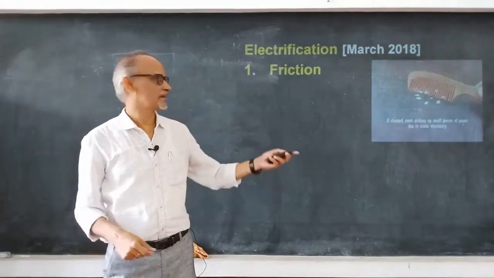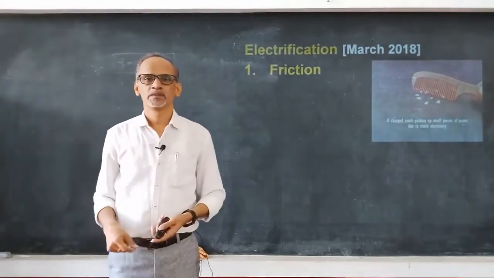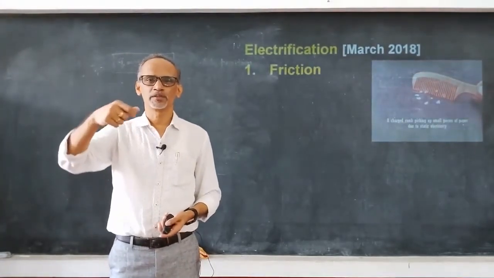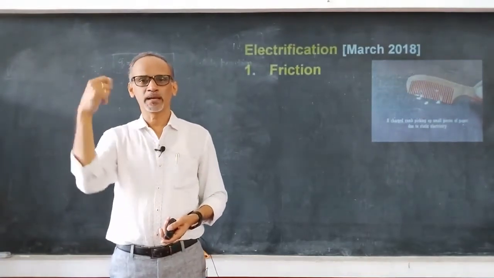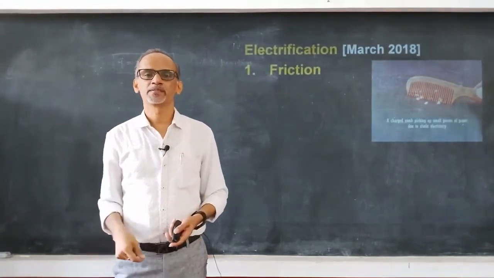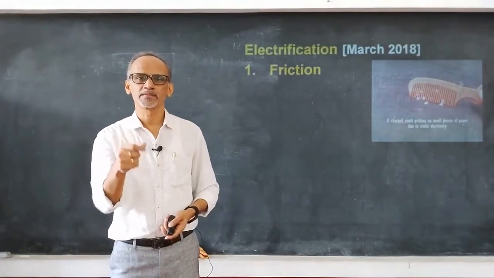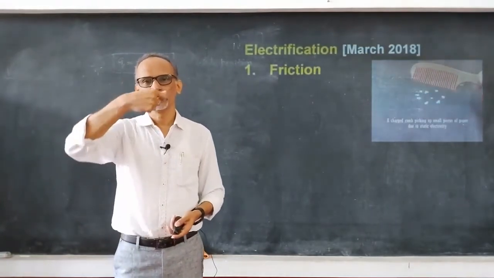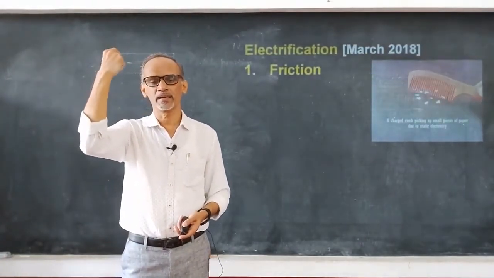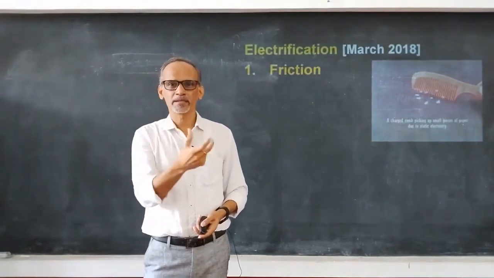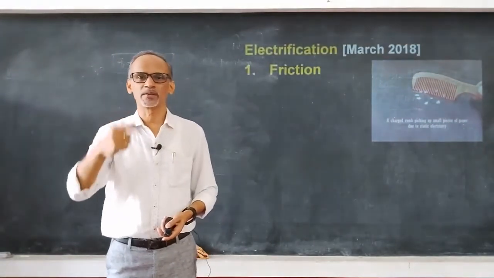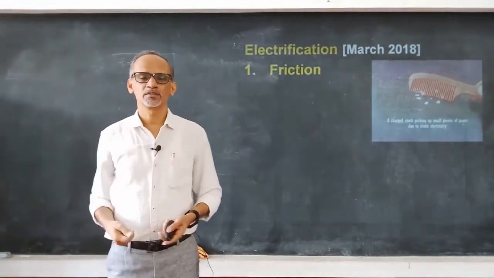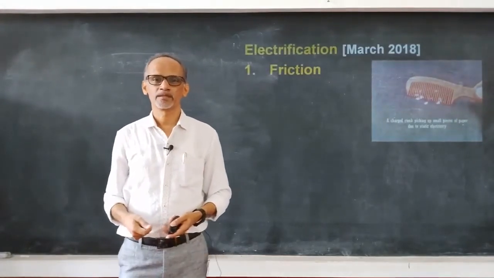You can see here a comb which is already combed, and when placed near a piece of paper, you will find that the pieces of paper get attracted. Here the friction between the comb and the hair makes the comb as well as your hair charged, due to which it is capable of attracting very small pieces of paper.